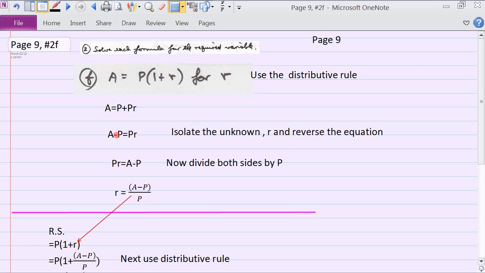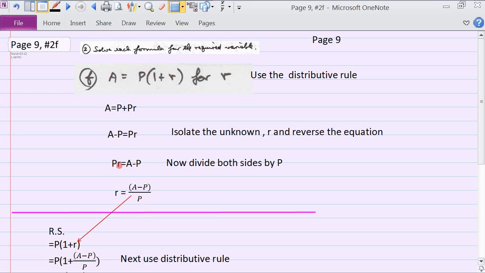I'm going to move it over to the left and make it minus P. This way I've isolated the term with the unknown on this side. And then I'm going to reverse it. So I have PR equals A minus P. Remember, I want to always have the unknown on the left side of the equation. It's true that I brought it over here, but then I just reversed the equation.